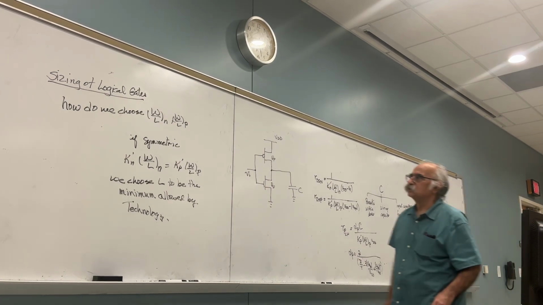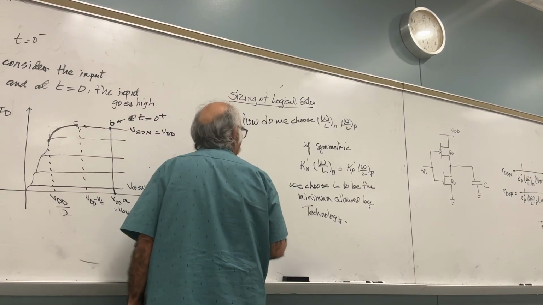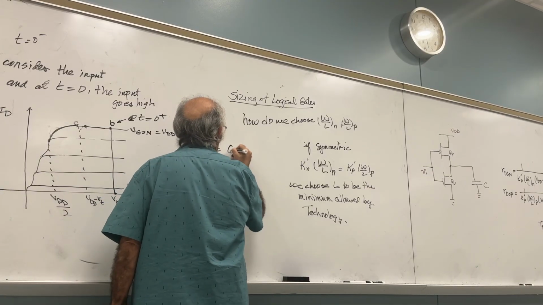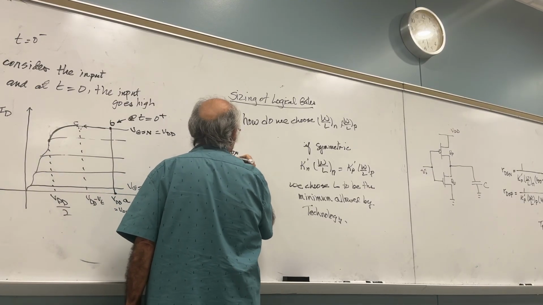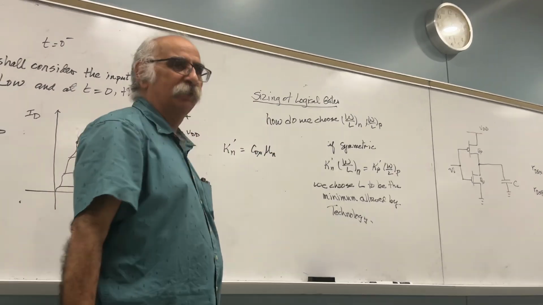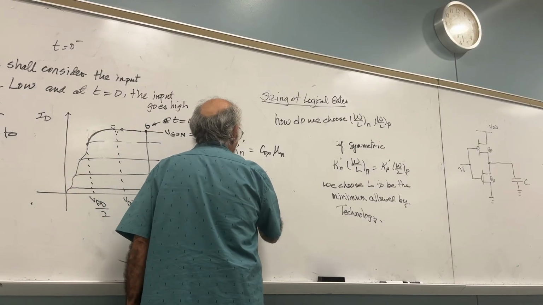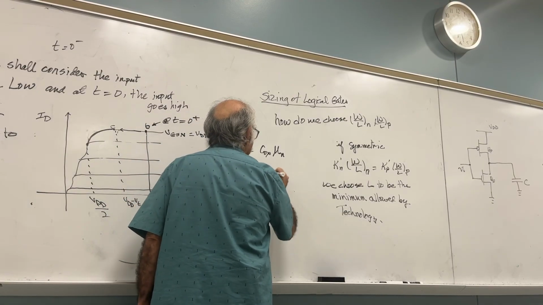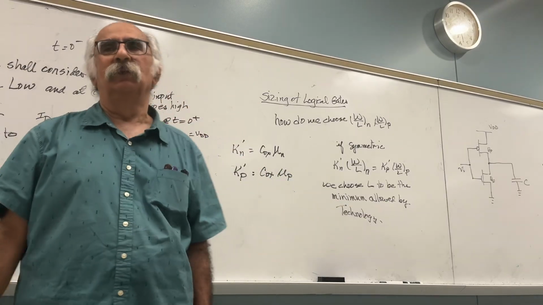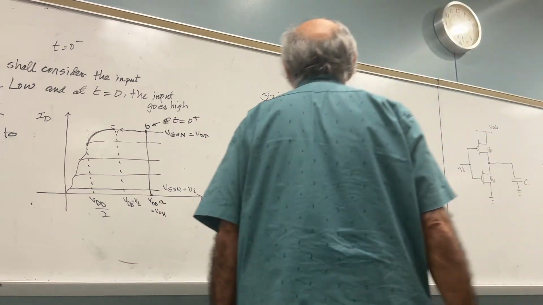Now, what remains is the areas, W. Kn is equal to COX, capacitance of the oxide, times mobility of the electrons. Clear? Kp is COX times mobility of the holes. Which one is faster, the holes or the electrons? Electrons are faster.